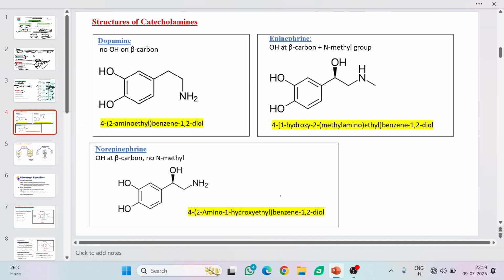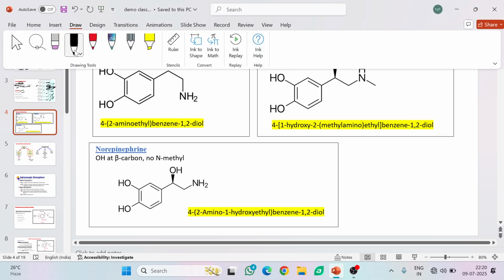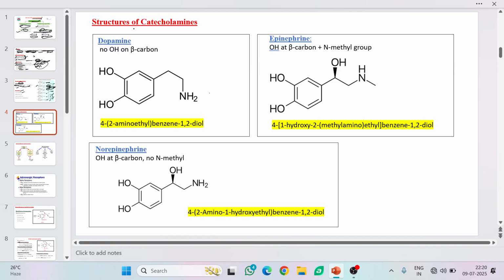Okay. Now we will understand the basic structure of catecholamine. As I already told, the three basic catecholamines are dopamine, epinephrine or adrenaline, and norepinephrine or noradrenaline. So we will understand the structure of dopamine. Dopamine is basically a catecholamine.